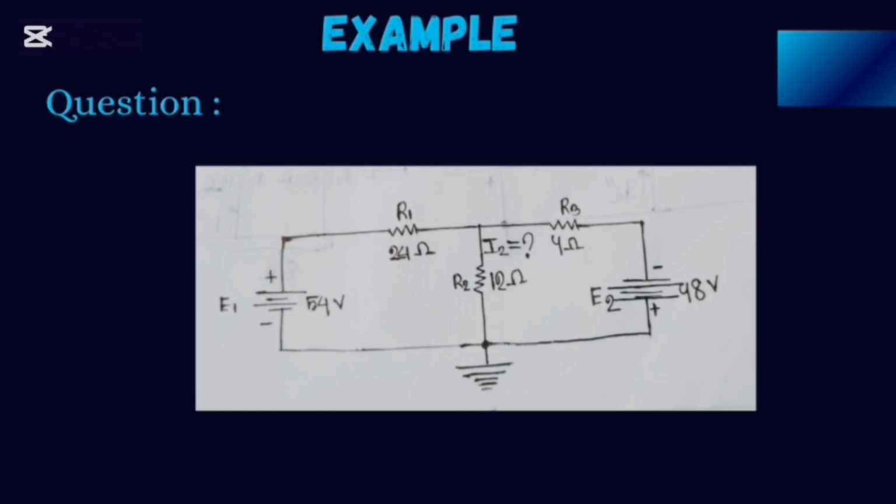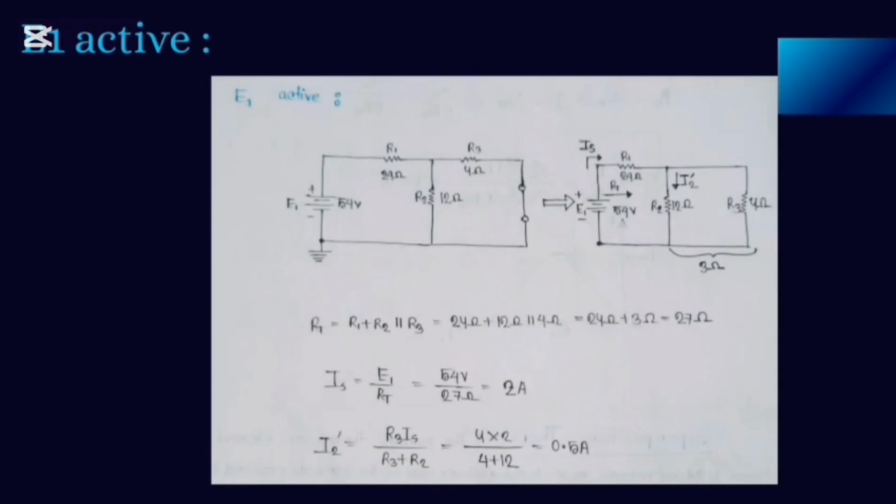Here are given the values E1 of 54 volt, E2 of 48 volt, and R1, R2 and R3 accordingly 24, 12 and 4 ohm, and the whole circuit is connected with the ground. In this superposition theorem, we first activate E1, so E1 is 54 volt and E2 is short circuited.